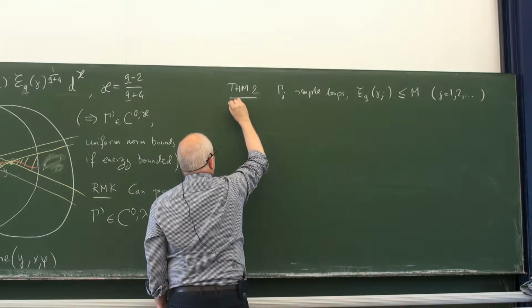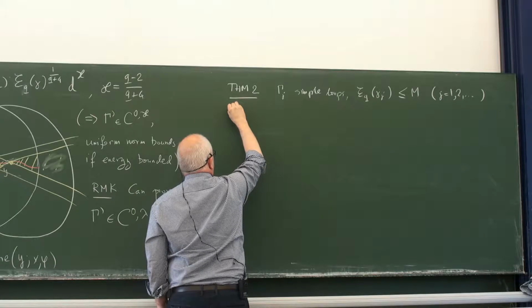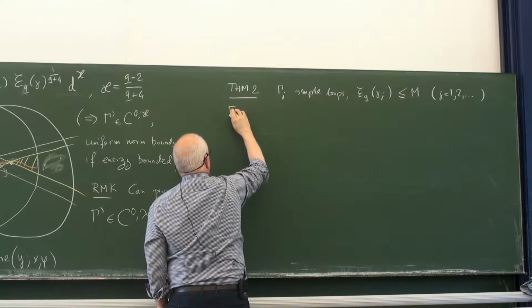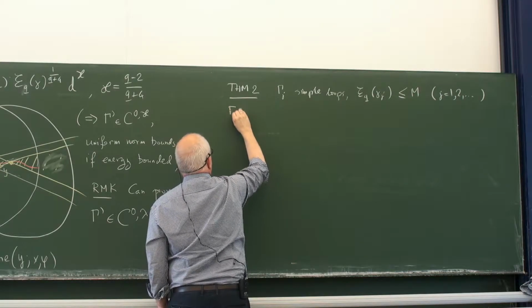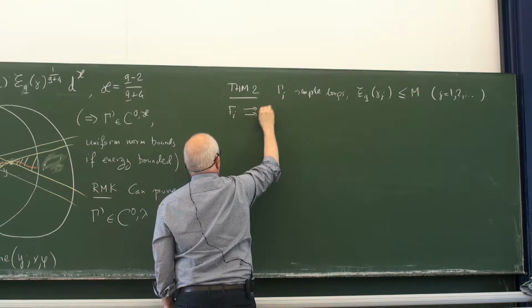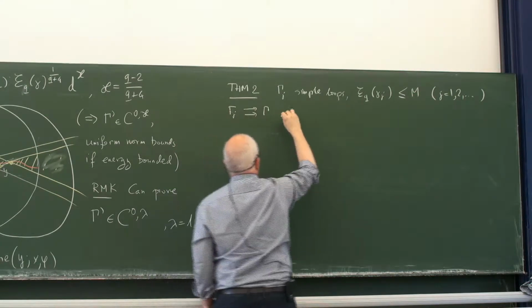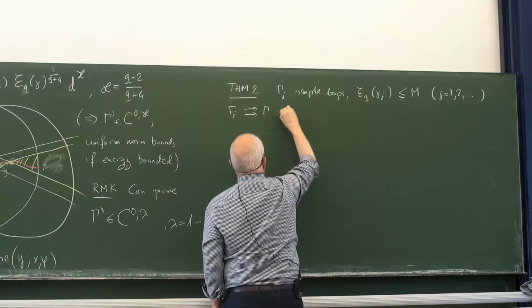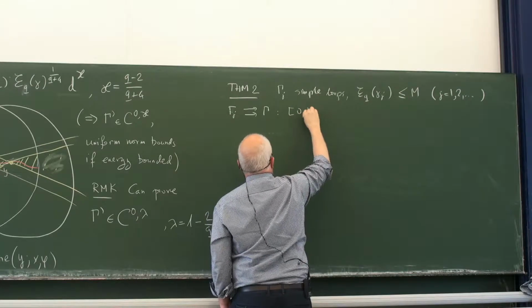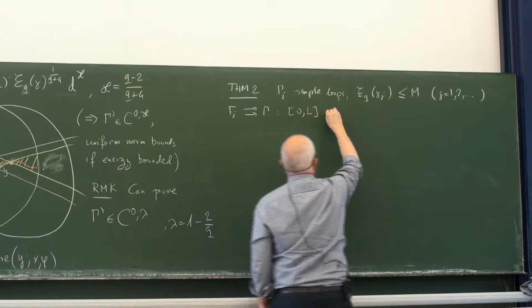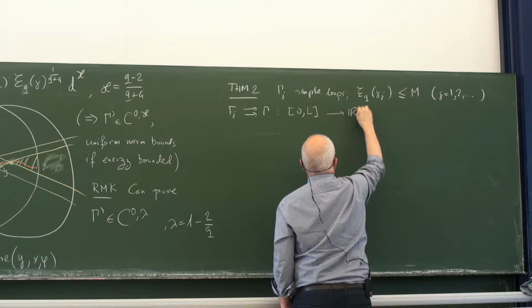And I want to state the following variant. Suppose that they converge uniformly to a limiting curve on a given interval 0, L with values in R^3.